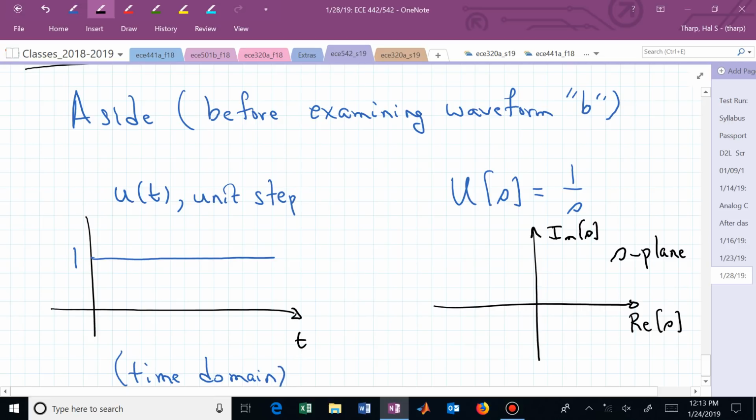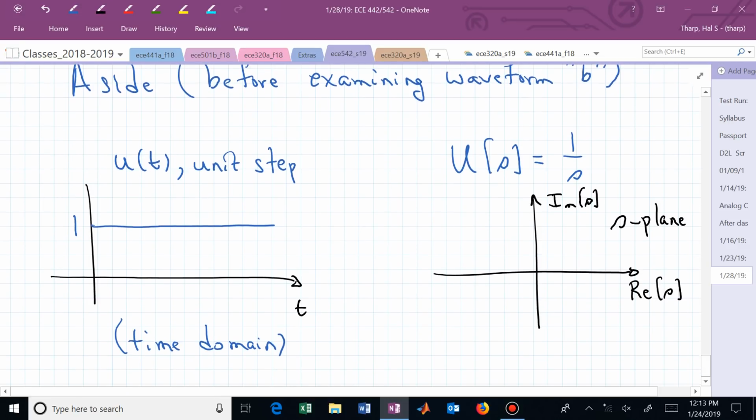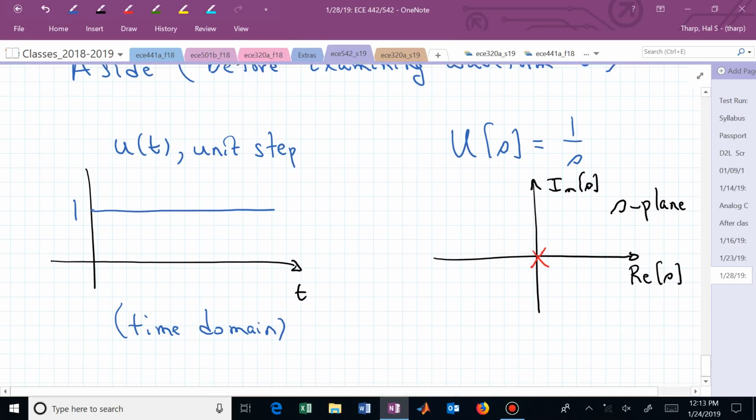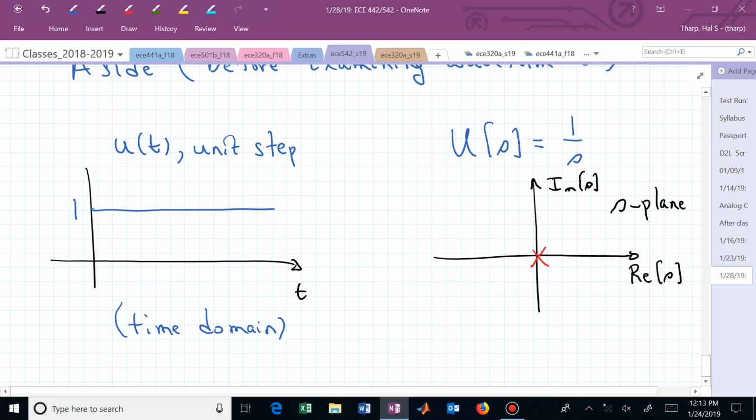Now, what's the pole-zero pattern of capital U of s? Where are the poles? Where are the zeros? Hopefully you can see that here we simply have one pole at the origin. Poles are the values of s that cause the denominator to vanish. Zeros are the values of s that cause the numerator to vanish. We don't have any zeros, no open circles, and this now is our pole-zero diagram.